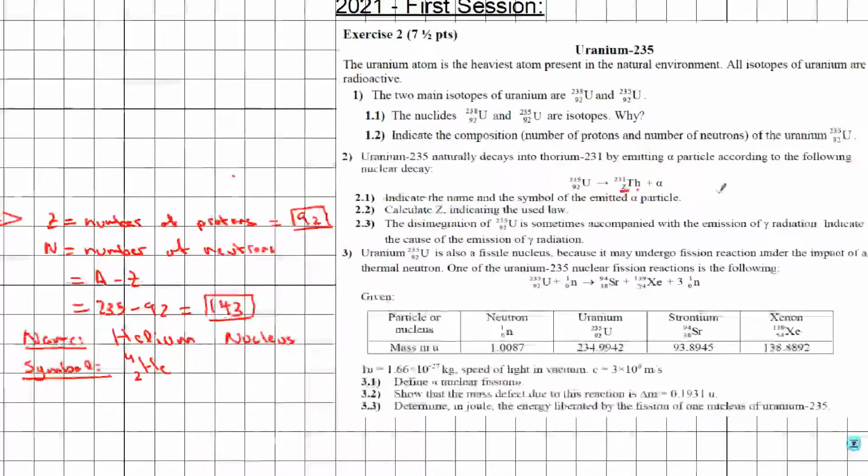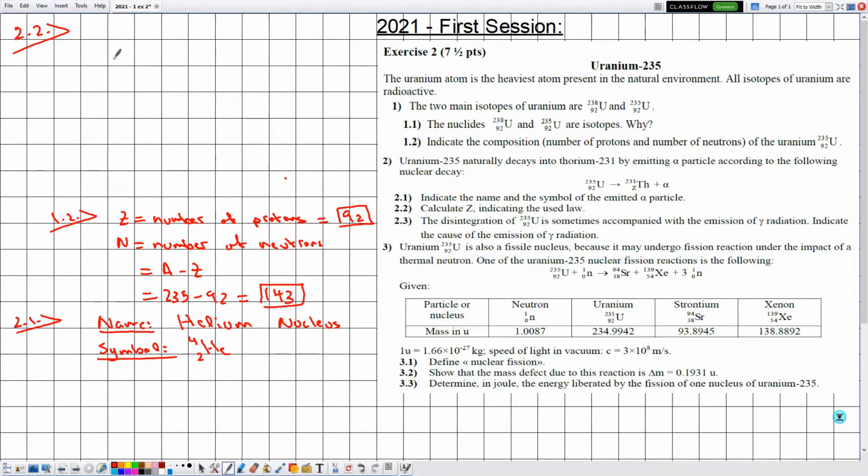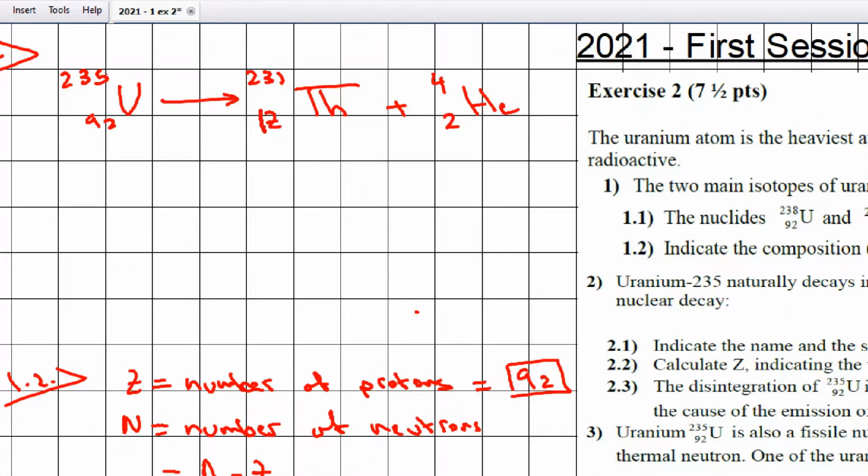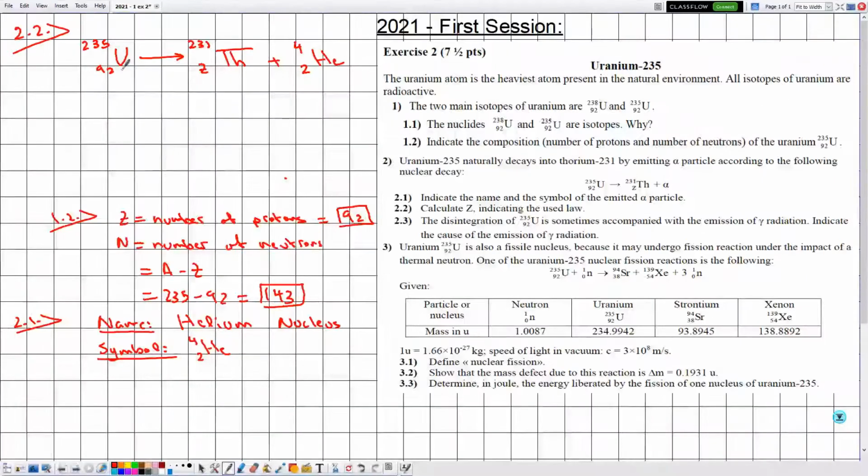Here we have that uranium-235 92 decays into thorium-231 Z plus the alpha particle, which is given by He 4 2. Now we need to determine the value of Z. In any decay, the lower number, which represents the atomic number, must be conserved.